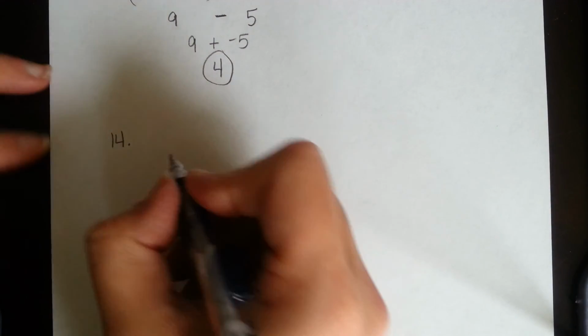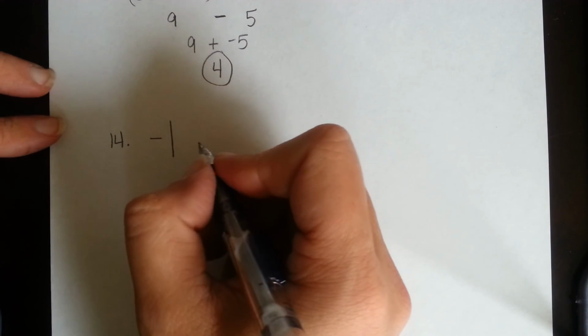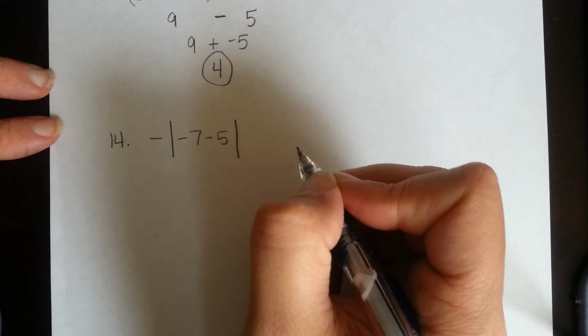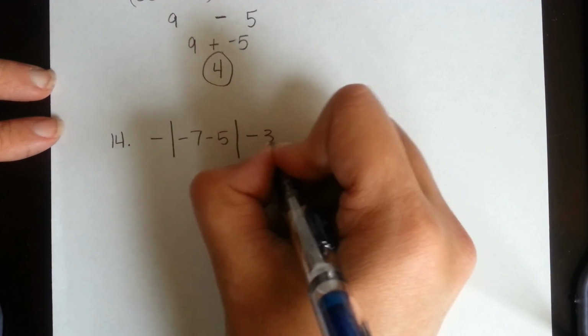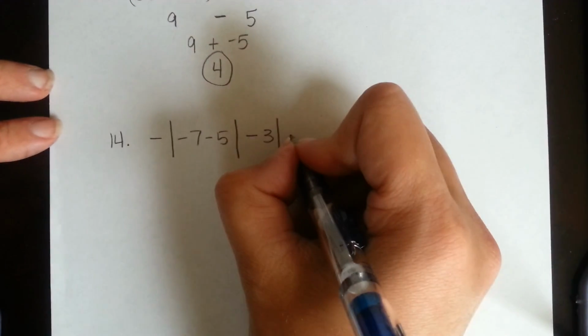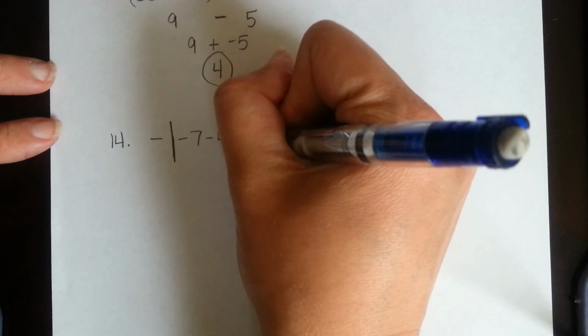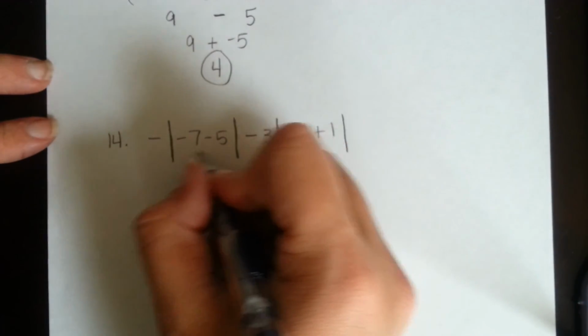So for number 14, we have negative absolute value, negative 7 minus 5, absolute value bar, minus 3, absolute value bar, minus 2, plus 1, absolute value bar. So these absolute values we would treat like parentheses, so we would do the stuff inside of them first.